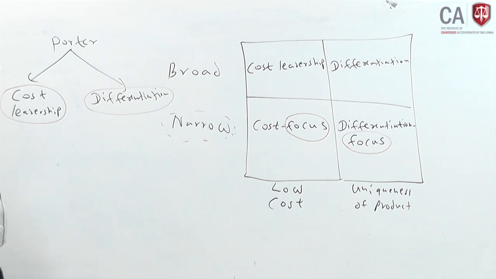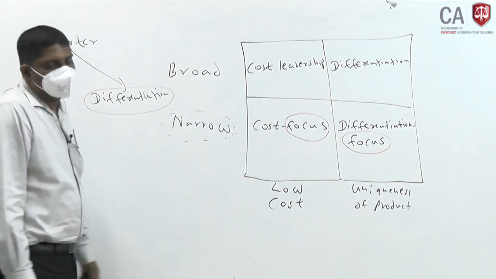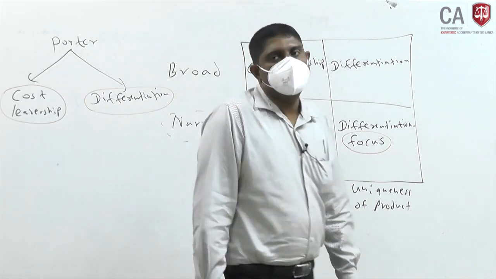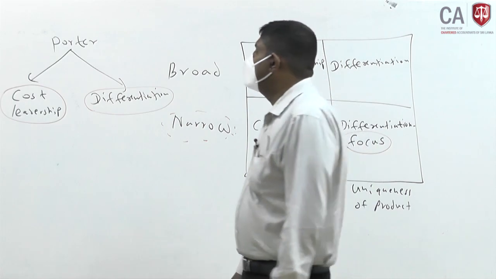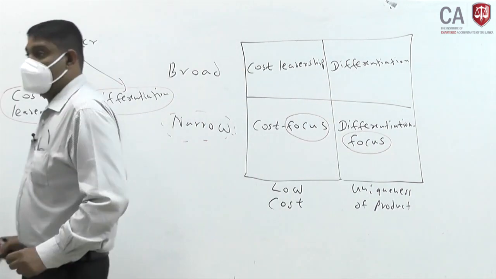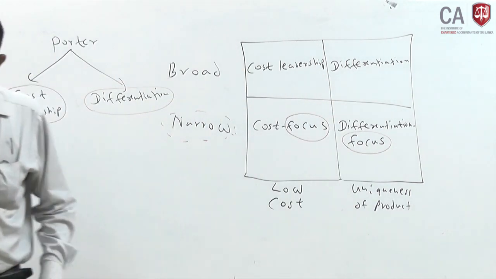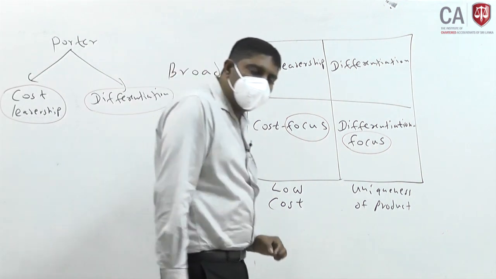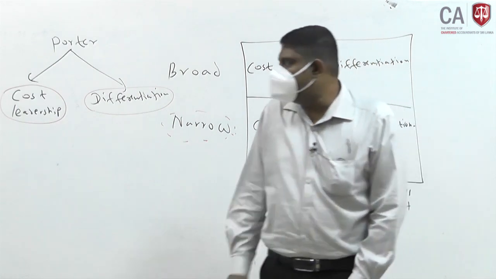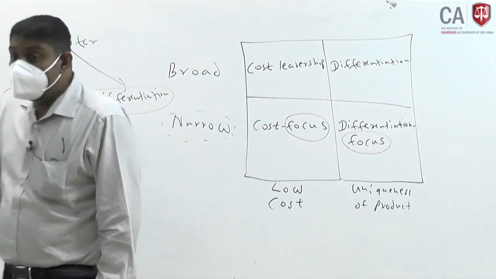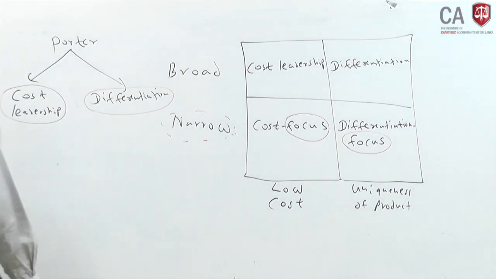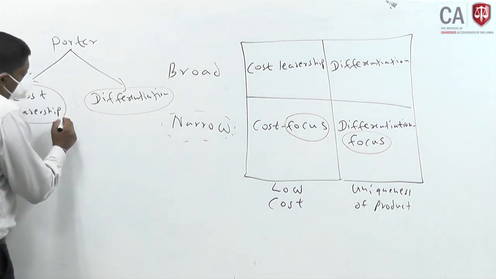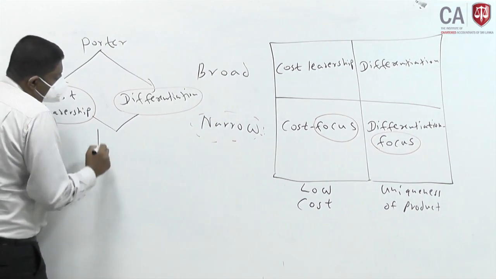But, right, is it practical? That is a separate question you have to address. According to Porter, if an organization is trying to apply cost leadership and differentiation strategy simultaneously, Porter says they will be stuck in the middle.